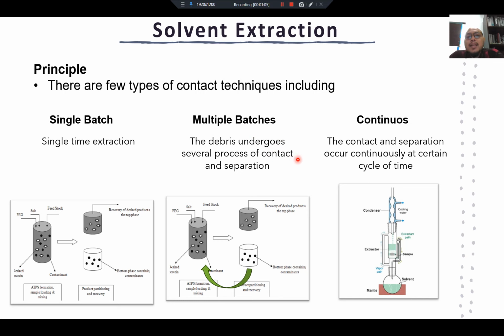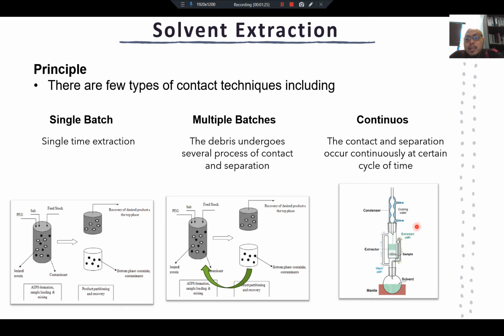The last type of solvent extraction is continuous. I believe you have learned about the Soxhlet extraction method. In this procedure, you have the solvent over here and you put the sample over here. You boil, and the solvent goes up through vaporization.